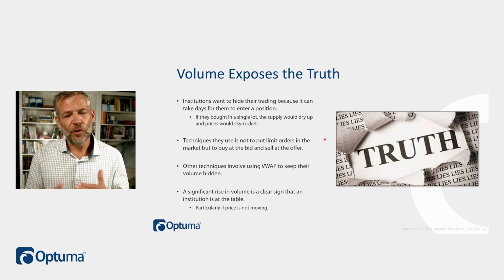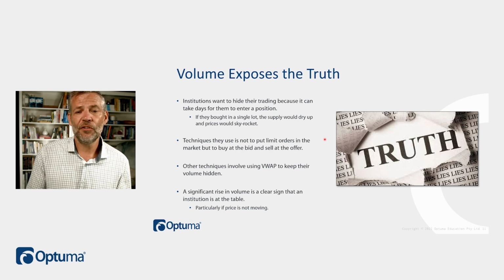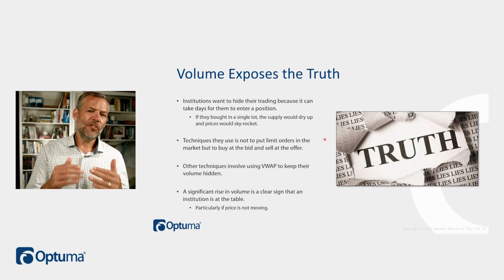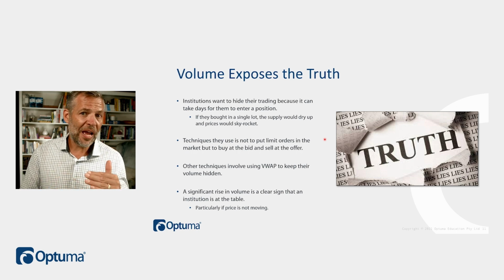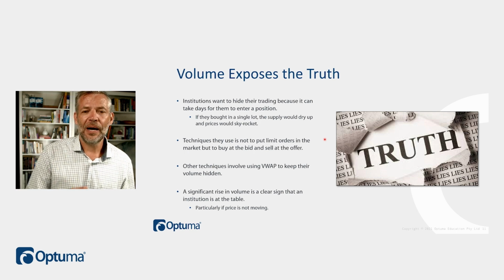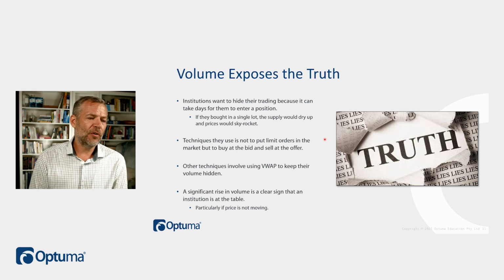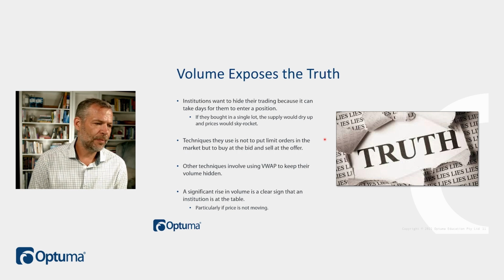They want to make sure that they're sitting beneath that or around that price, because it kind of disguises the fact that there's a big institution moving money. If an institution moved money away from VWAP, then VWAP would have a very pronounced rise or fall because of the volume that they're putting into the market.